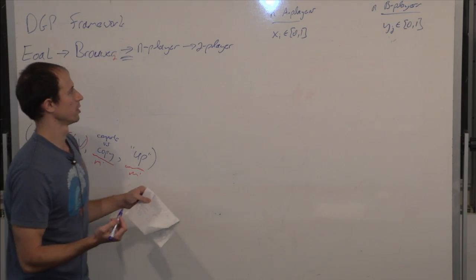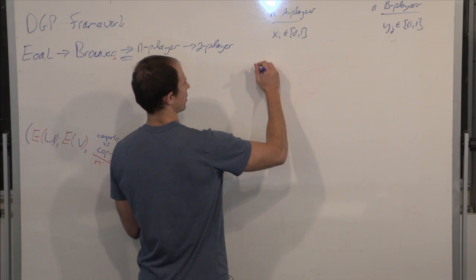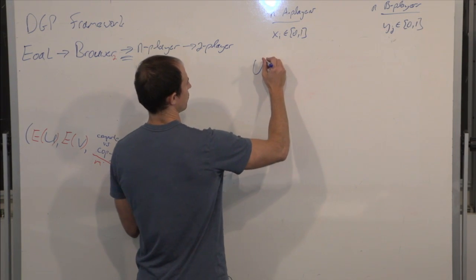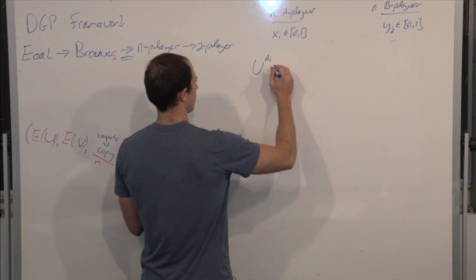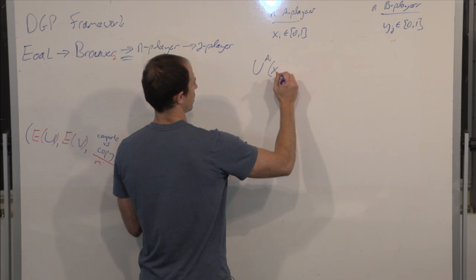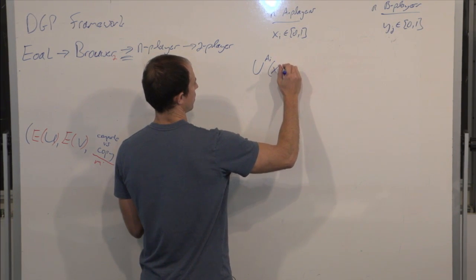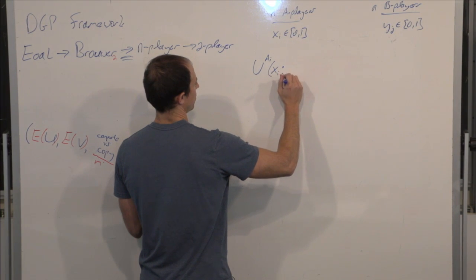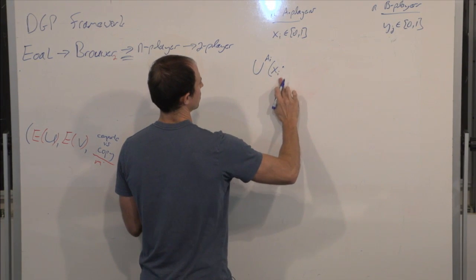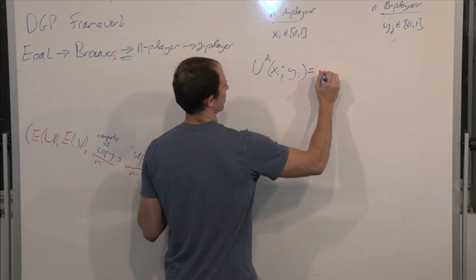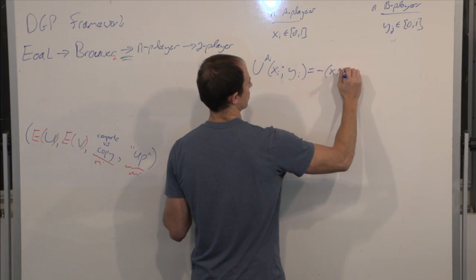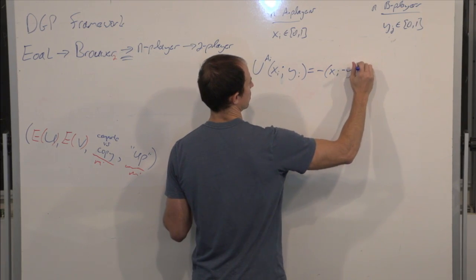In the imitation game that we also saw yesterday, the utility of the ith A player, when she plays xi and the ith B player plays yi, is just minus (xi minus yi) squared.